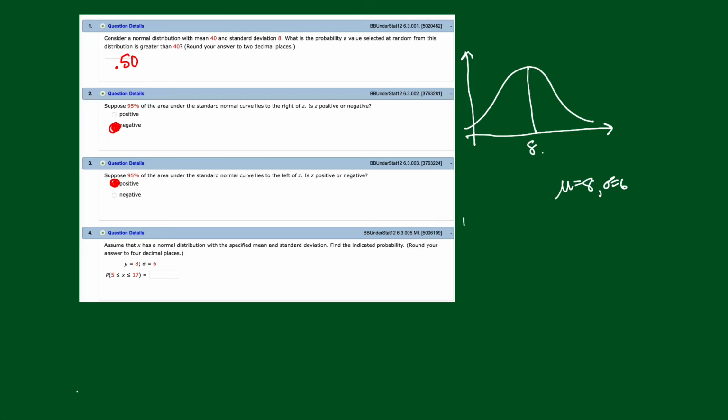And what we want is this: find the probability that x, a randomly chosen value of x, is between 5 and 17. All right, now, on your picture, 8 is right here, okay? So I'm going to draw this on the picture. There's 8. Now, 5 is to the left, 17 is to the right. So here's what my picture looks like. 5 is over here, 17 is over here, and I want the probability that if I randomly choose an x... Now remember, x's are on this horizontal axis.